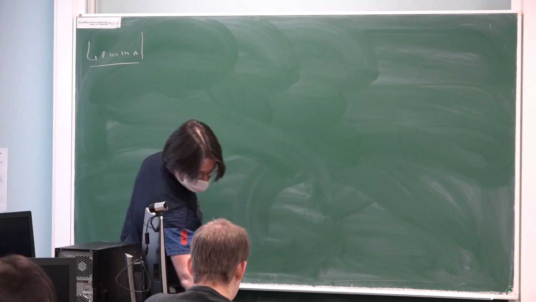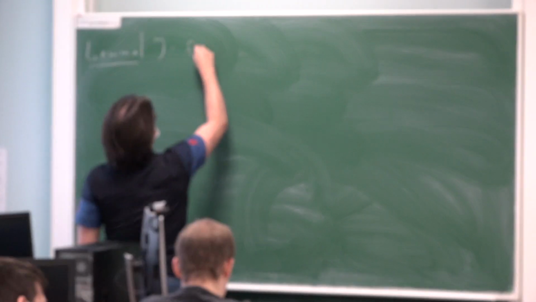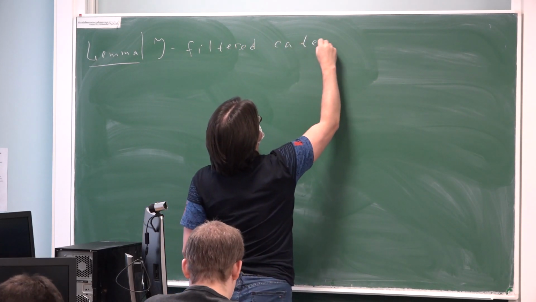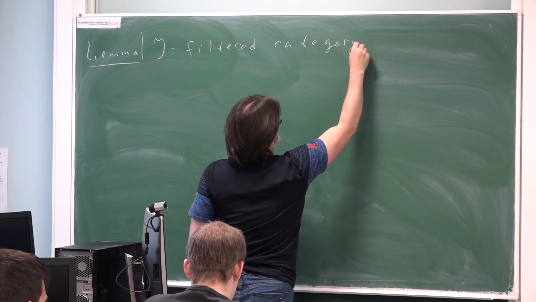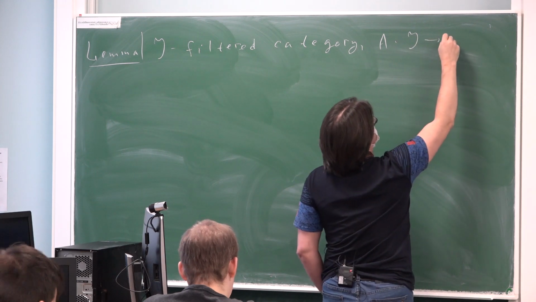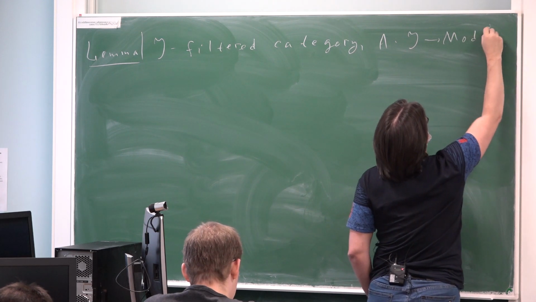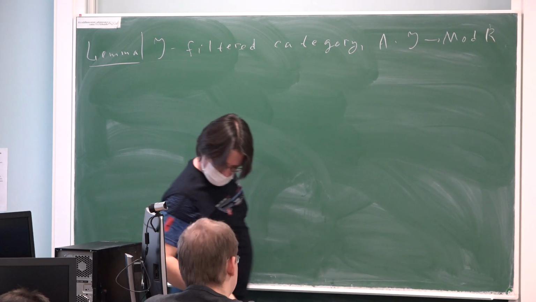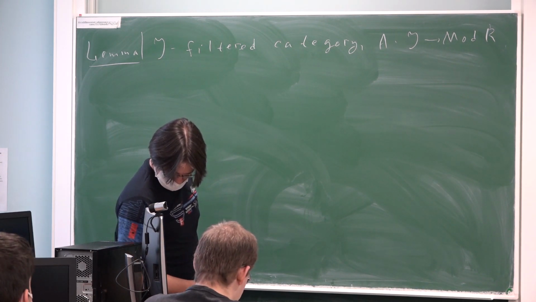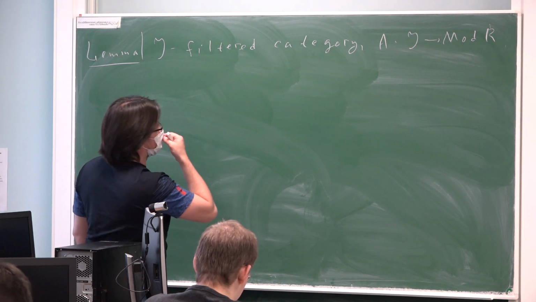Let J be a filtered category. A is a functor from J to mod R. Then two conditions hold.